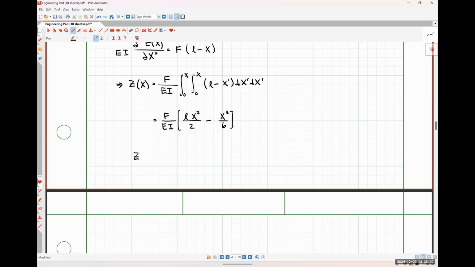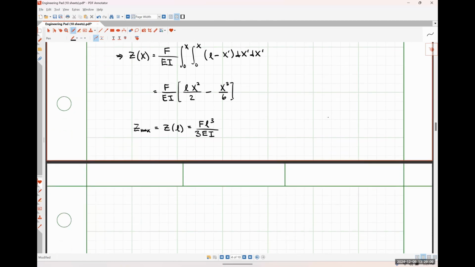So Z max is going to be equal to Z at L, which simply becomes F times L cubed over 3EI. And this expression can be rearranged.